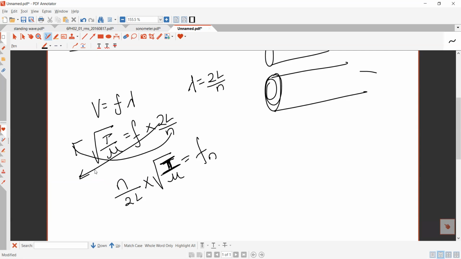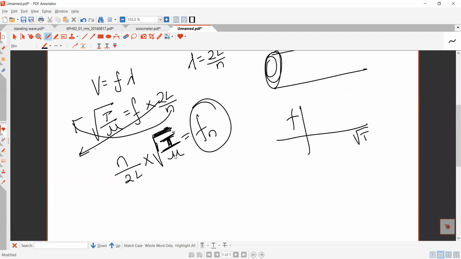Understood or not? Okay, now because the root T is given to me here, that is the reason I'm drawing the f versus root T graph, because frequency has a connection with root T. If I'm talking about the first fundamental frequency, then my formula will become 1 divided by 2l root of T by mu is equal to f1. f1, or f0 as it is called, is the first fundamental frequency, because n is 1.